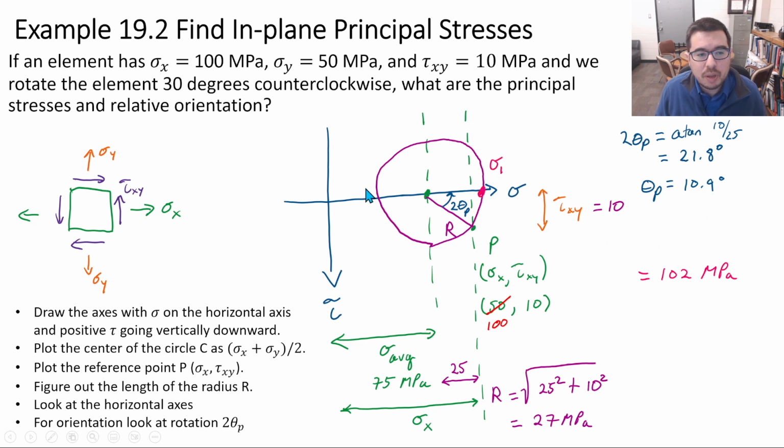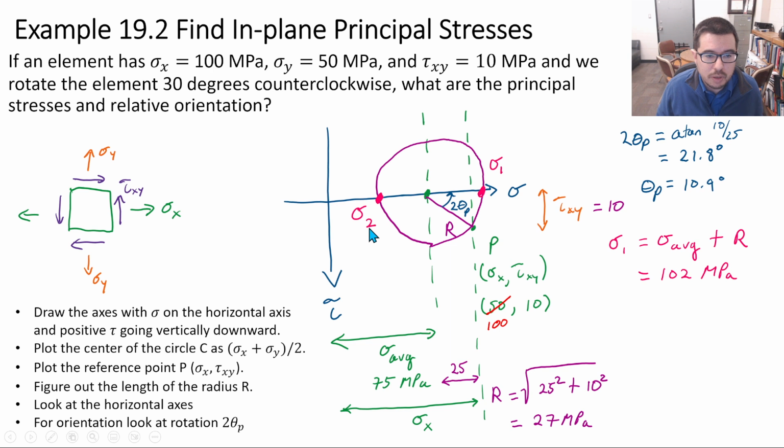When we are at this location, we can say sigma 1, as I said a few minutes ago, is equal to the sigma average plus r, and that's what you get here. If we want to know the smaller value for principal stress on the opposite side, going right along this line through the middle to the other side, it's going to be essentially the sigma average minus the radius.